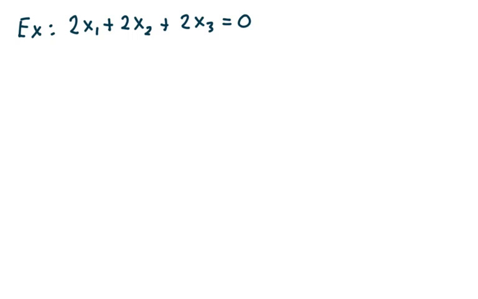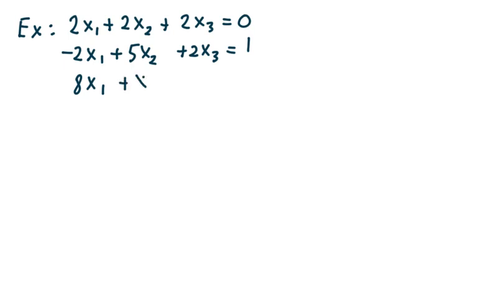And then we have negative 2x1 plus 5x2 plus 2x3 equals 1. And then 8x1 plus x2 plus 4x3 is equal to negative 1.